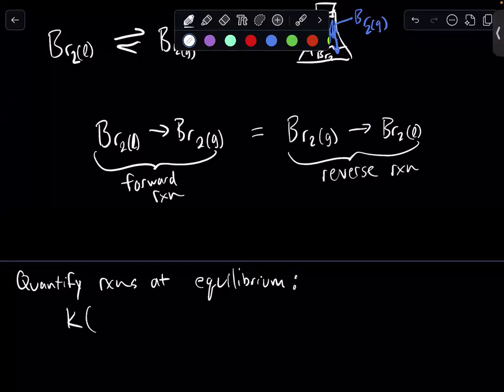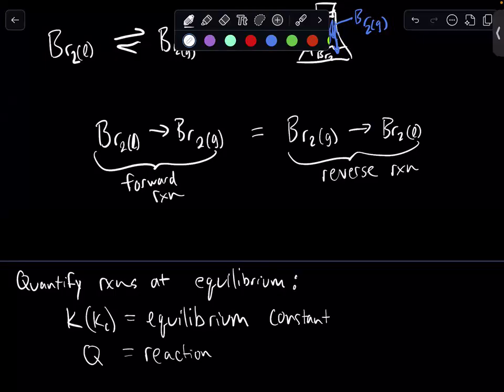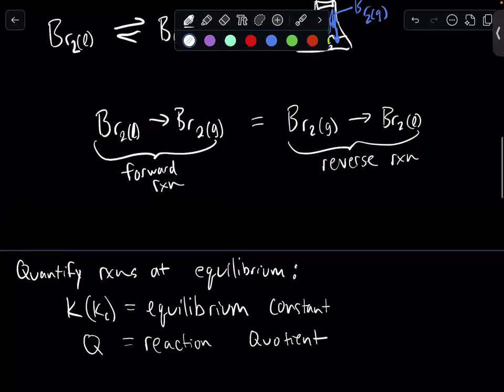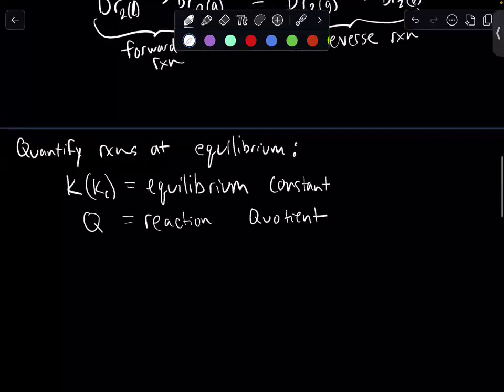K, sometimes referred to as Kc, and that is going to represent our equilibrium constant. But we also use Q, and this is our reaction quotient. So this is how we're going to quantify reactions at equilibrium.